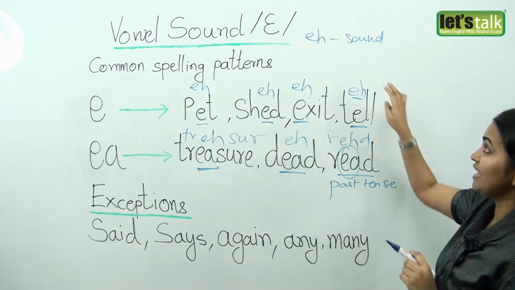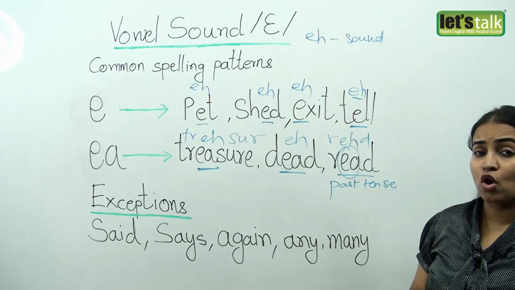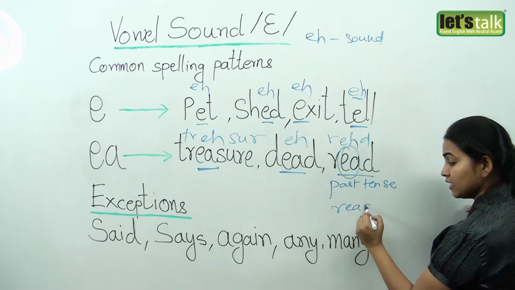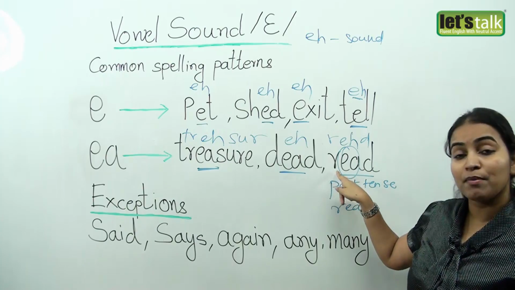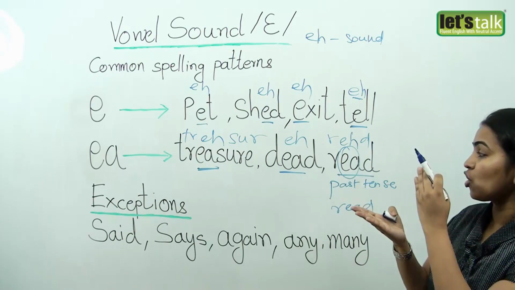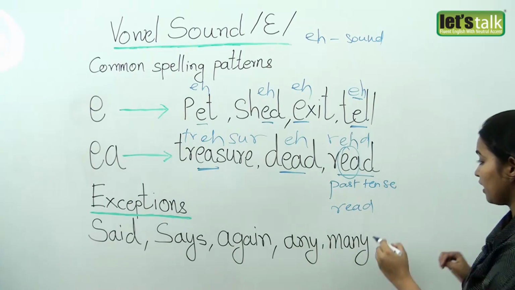And therefore I use the short E sound. What if I wanted to talk about the present tense? The present tense, we all know, is read. The same spelling as the past tense. But over here it is not the short E. It is the long E. So I say read. Okay?